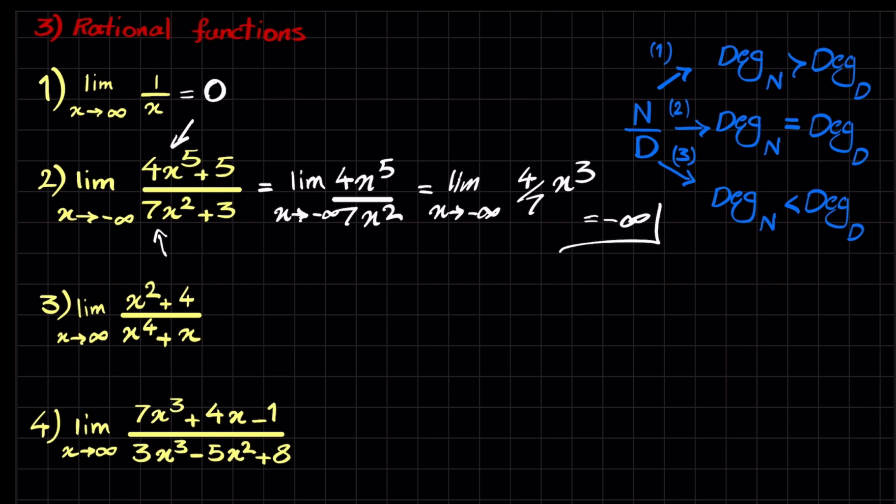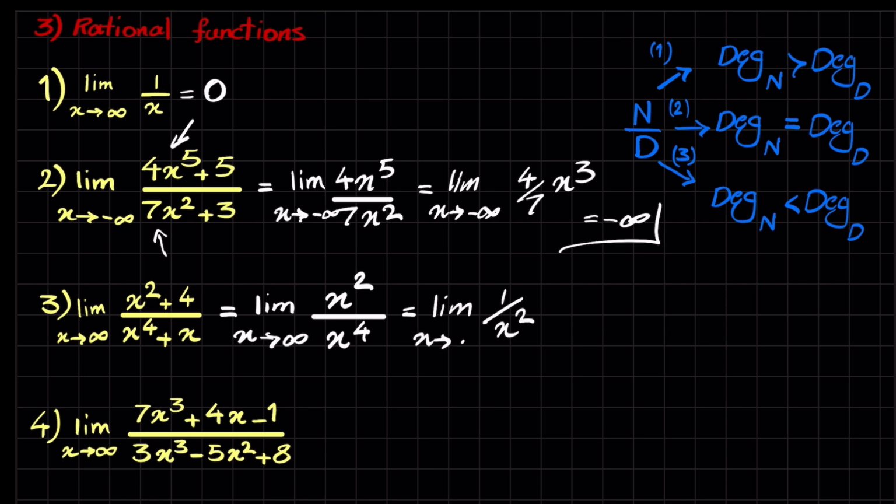And for the next one, we notice that this function is bottom heavy since the degree of the denominator is higher. So writing down the significant ones, it's going to be x squared over x to the power of 4, which is going to be 1 over x squared as x approaches infinity.